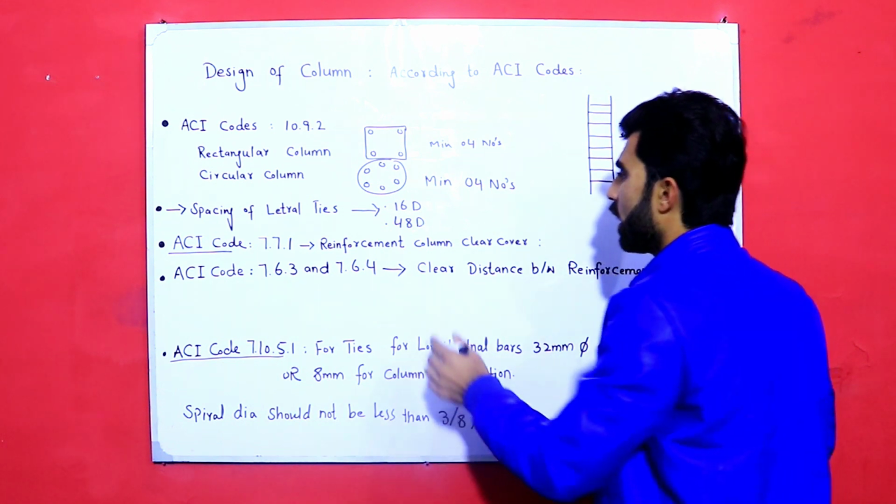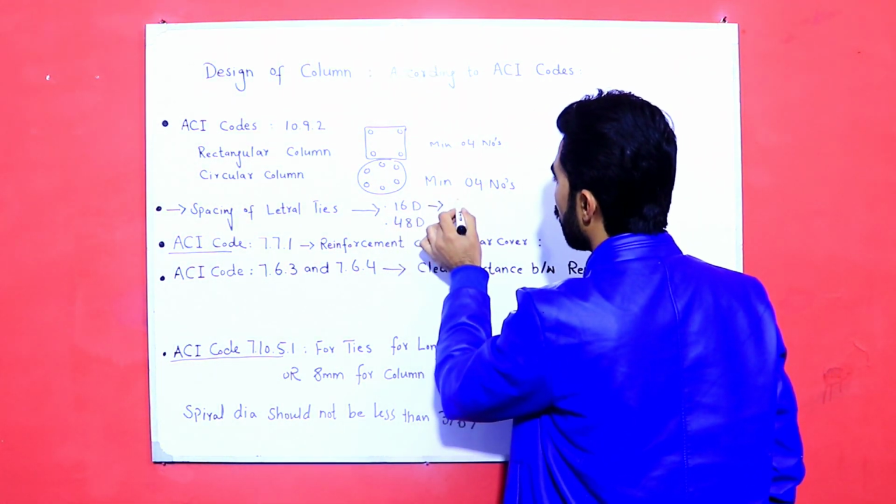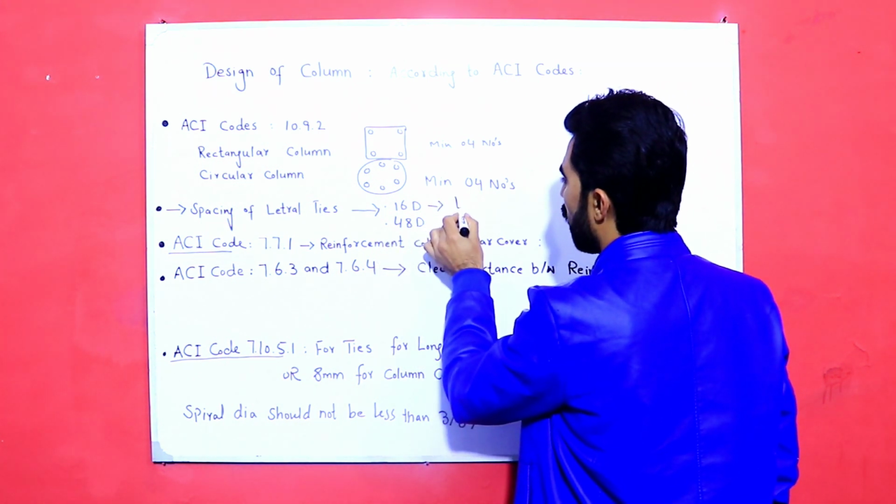For 16D, you take the dia of the longitudinal bar.